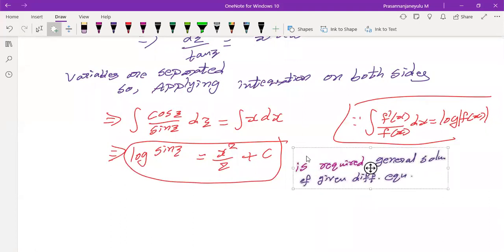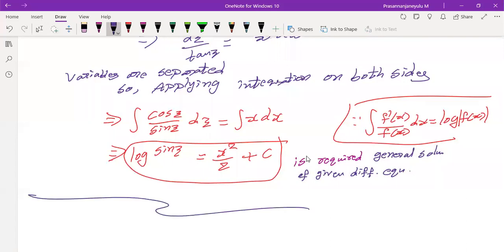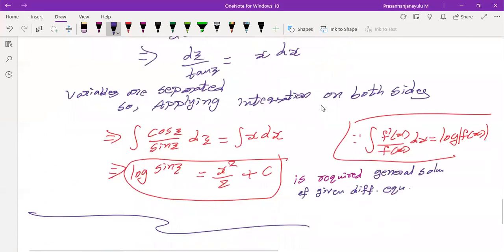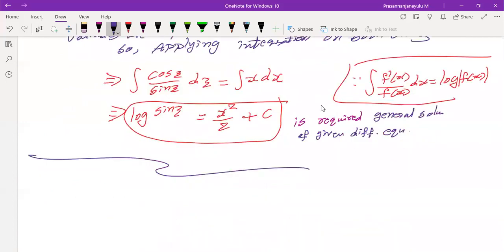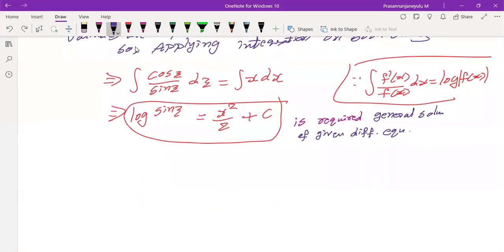So that's enough, completed. In the same manner you people do problem number 6. Oh, sorry. This is not the solution. Why am I saying this is not the solution?